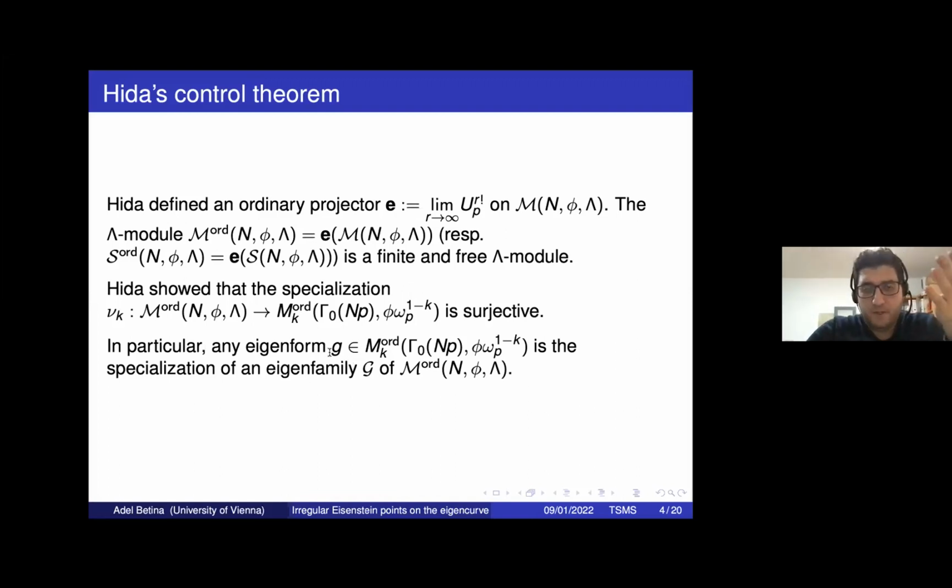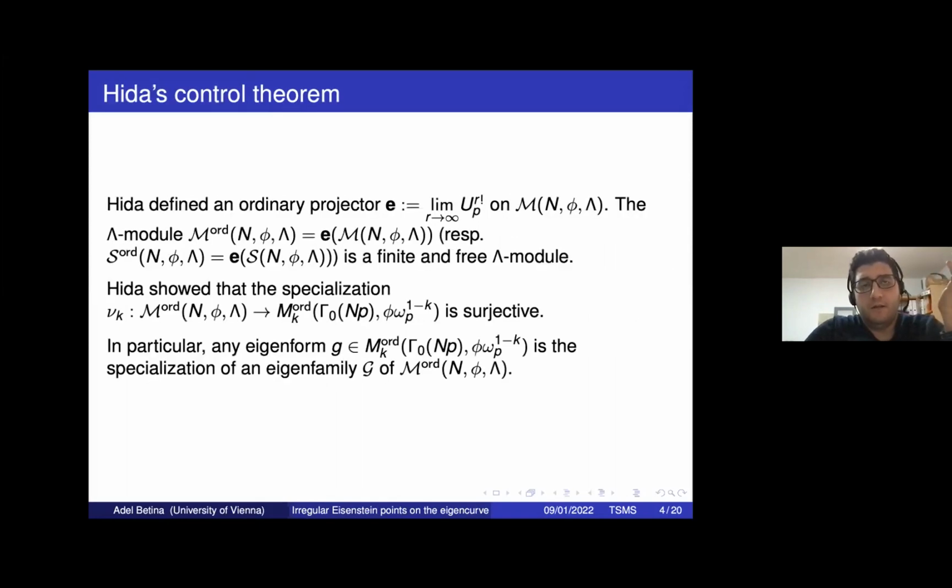If you pick in general an eigenform, what does being ordinary mean? It means that if you look at the coefficient a_p in the Fourier expansion, this a_p is not divisible by p. In general, if you take a_p, it is an integer, and for almost all the primes, it will not be divisible by p. And then you can do your deformation theory and lift it in a family.